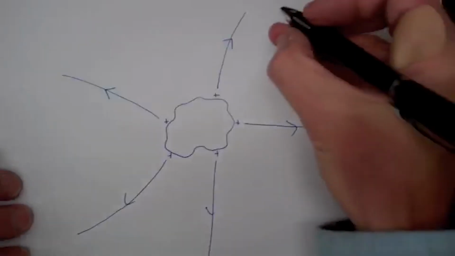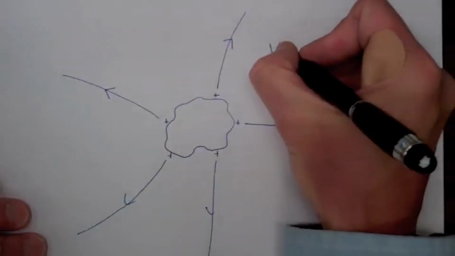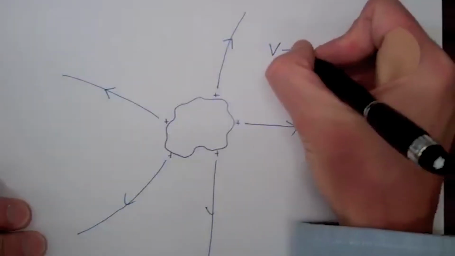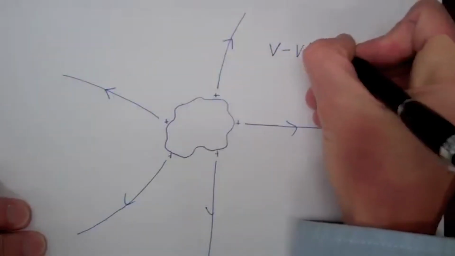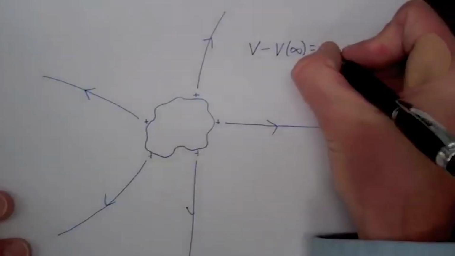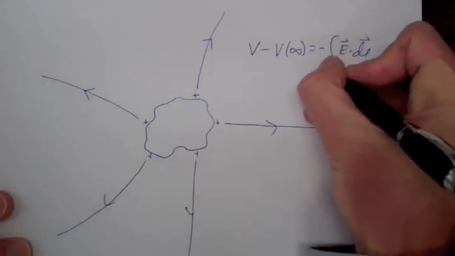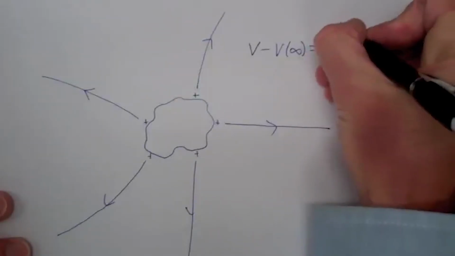Now let's let V represent the potential of this object. So the potential difference between this object and infinity, or in other words the amount of work it takes to bring 1 coulomb of charge from infinity to this object, is minus the integral of E dot dl from infinity to the object.